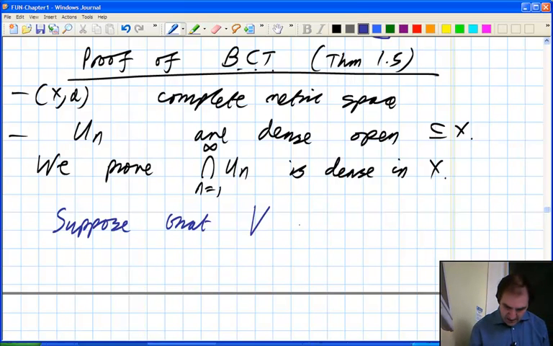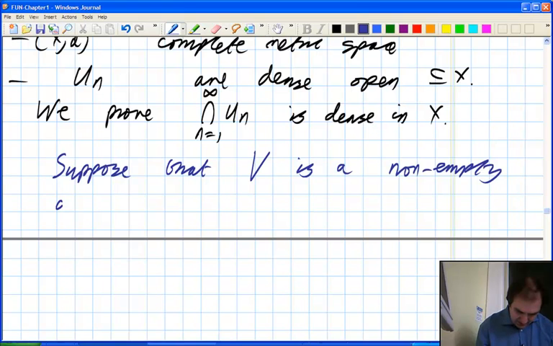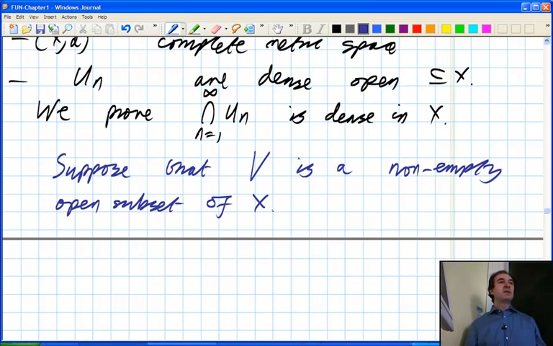So suppose that V is a non-empty open subset of X, and our task is to show that the intersection of all those U_n intersected with V is non-empty.